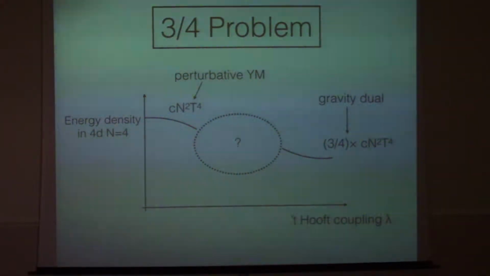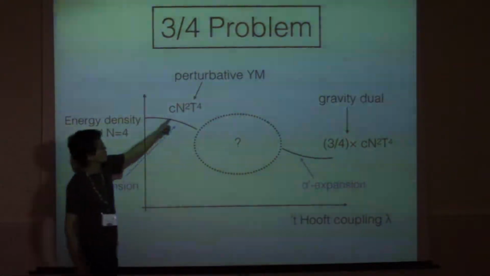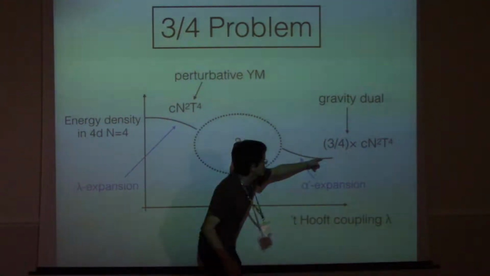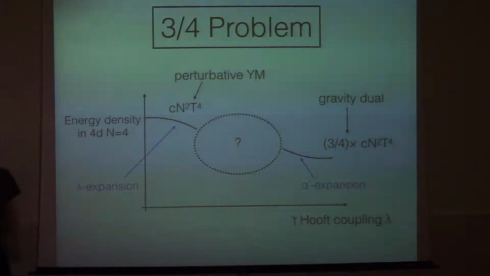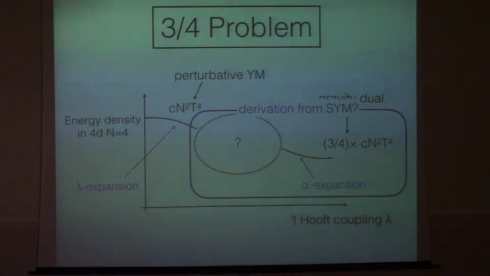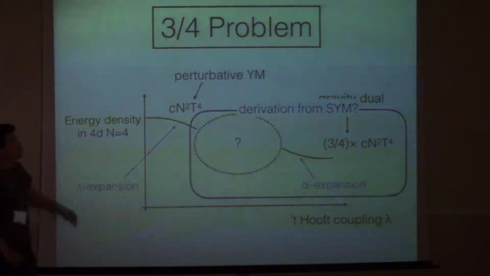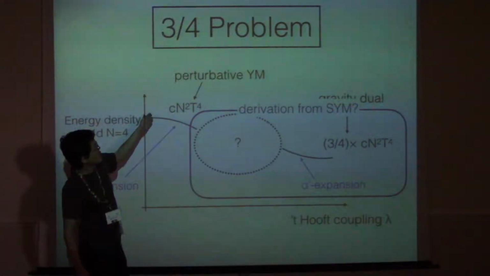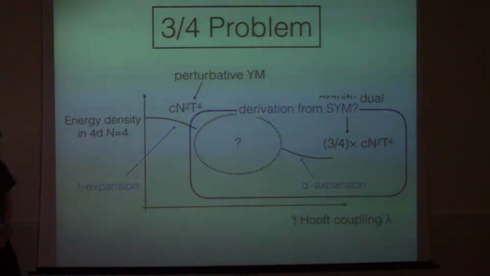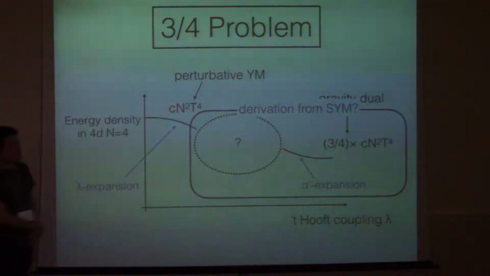So this is just what I said: the lambda expansion gives this pattern, the alpha prime expansion makes a curve upward. And we want to study this region, which is not accessible by perturbative calculation on the Yang-Mills side, by using a numerical method.